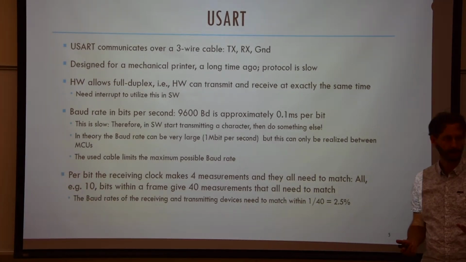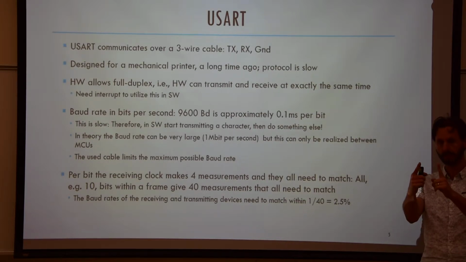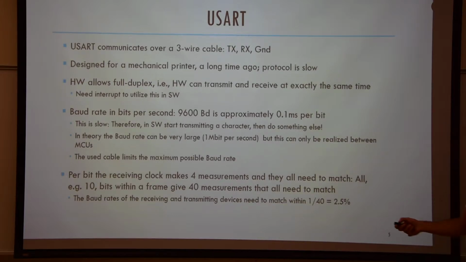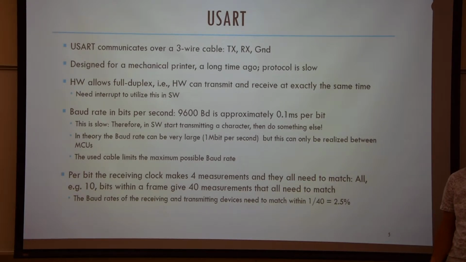Now, how do I detect whether I see a high voltage or a low voltage? Well, I want to make sure that I'm not going to introduce errors, so I'm going to sample that little bit of time in which I see the high voltage 4 times. I take 4 measurements, and they all need to match, and then I'm certain that I see, say, a 1 if it's a high voltage, and otherwise a 0.